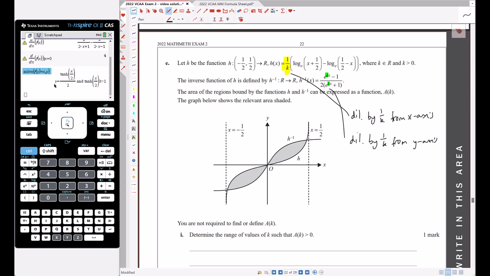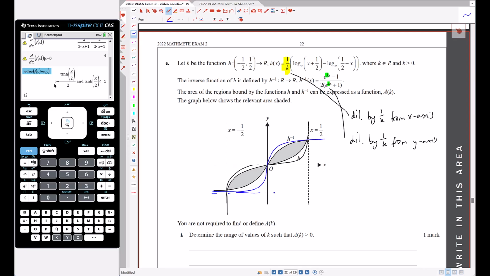So what's happening as we make k bigger is that this is getting closer here, so the original function is getting closer to the x-axis, and the inverse function is getting closer to the y-axis.